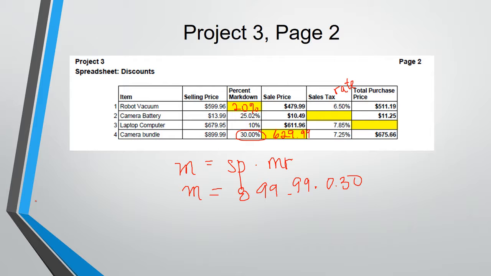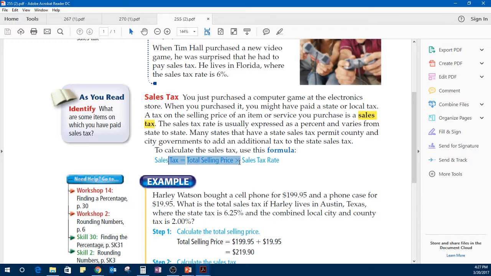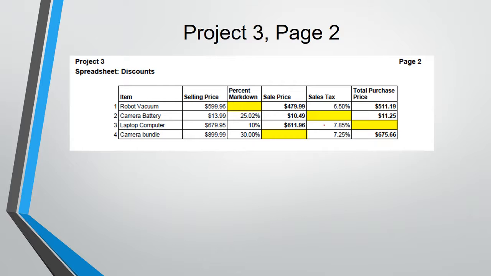Alright. So how do we find the sales tax rate? Because remember, the formula is sales tax equals total selling price times sales tax rate. So this is what you want to do. I'm going to erase everything. We're going to start off with the total purchase price minus how much we spent, right?